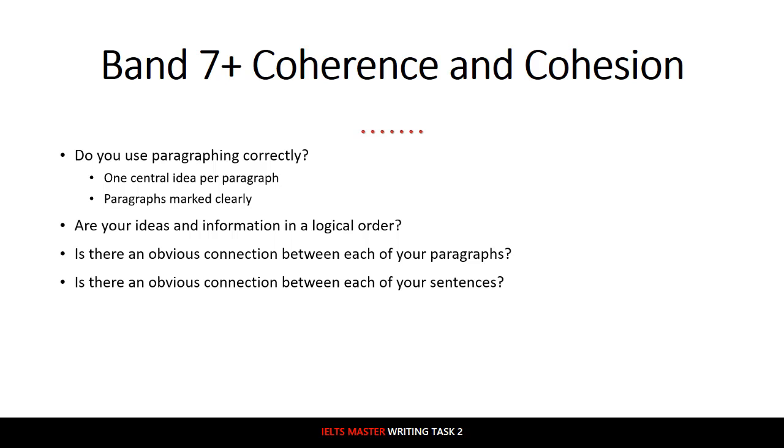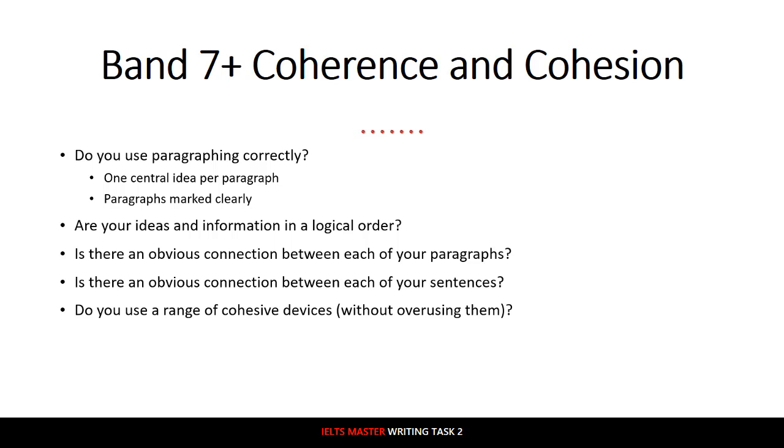If you have an idea, next, it's very natural to have an example of the idea. Or maybe you're extending and explaining the idea a little bit more. It would be very strange to have the example first and then the idea second. So don't do that. Is there an obvious connection between each of your sentences?